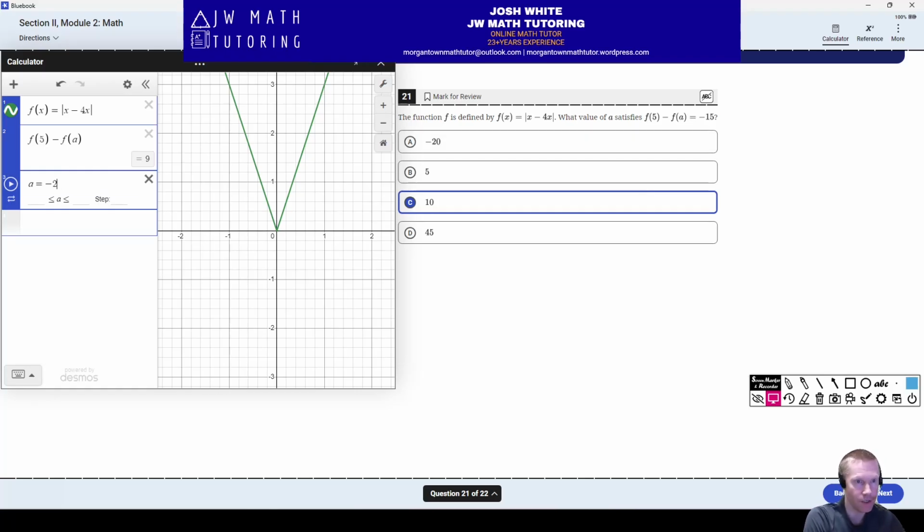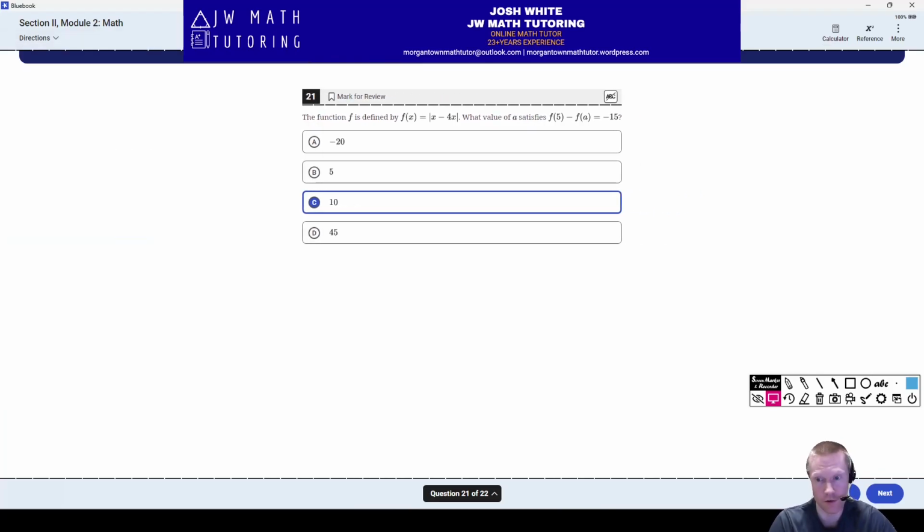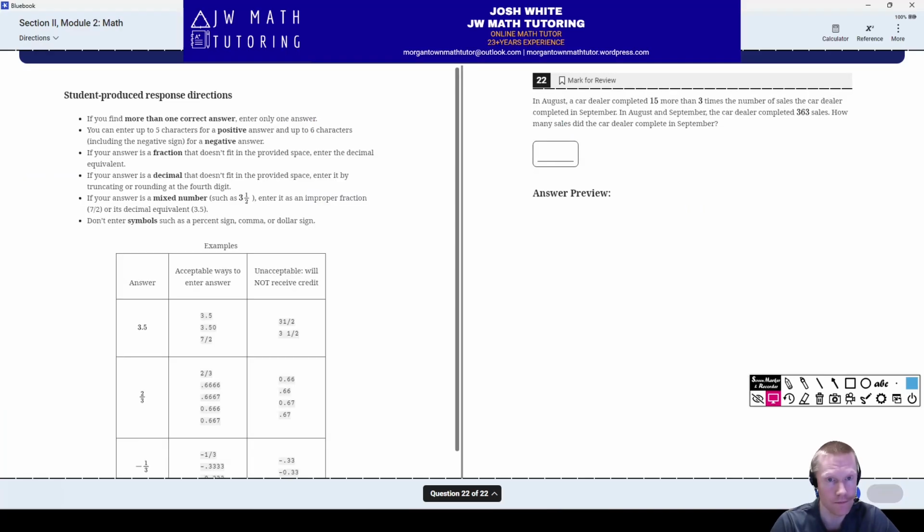So for negative 20, I do not. For 5, I do not. For 10, I do. Correct answer. 45, I do not. Okay? So this is basically back solving. You're plugging the answer choices in to the problem to see, do I get negative 15 as my output? And just confirms that answer C is correct.